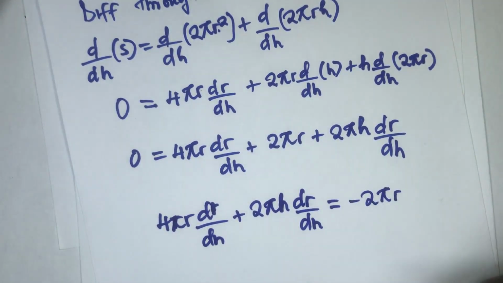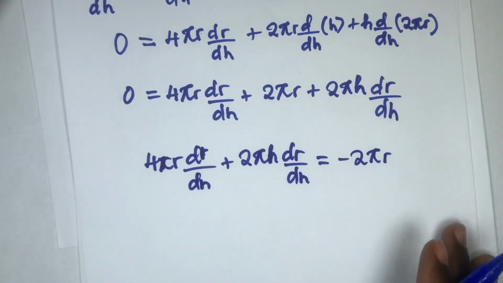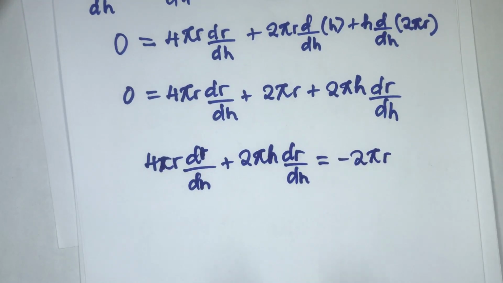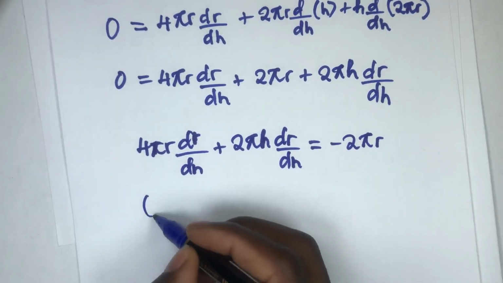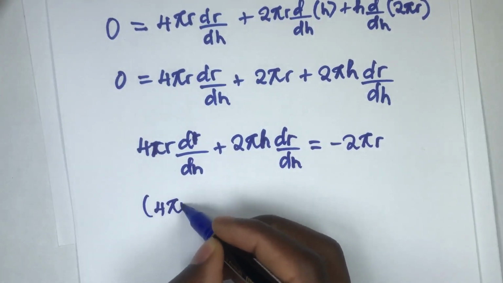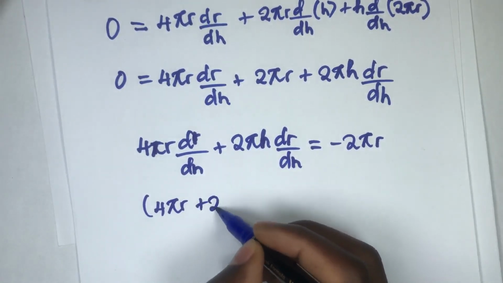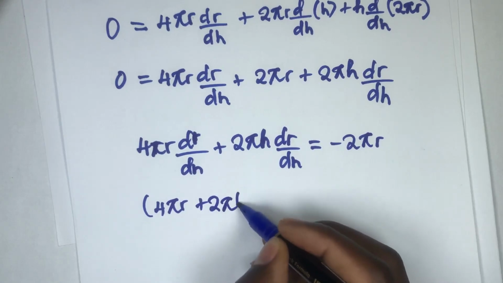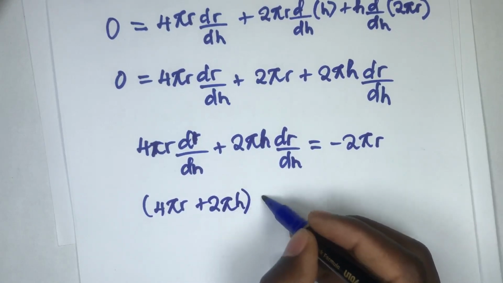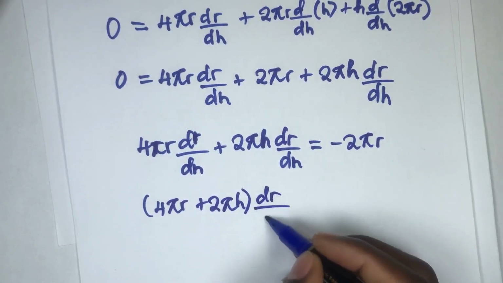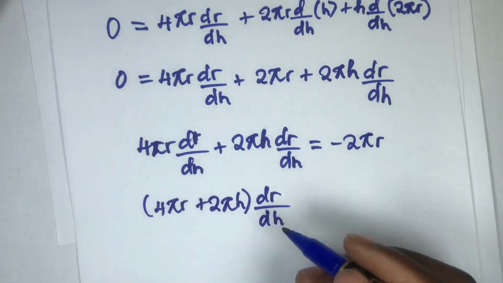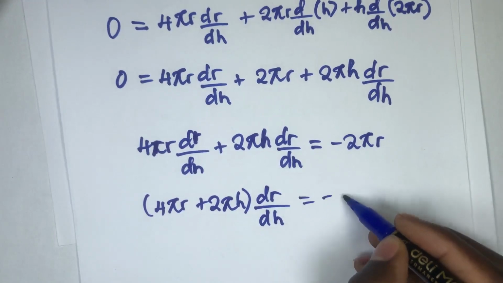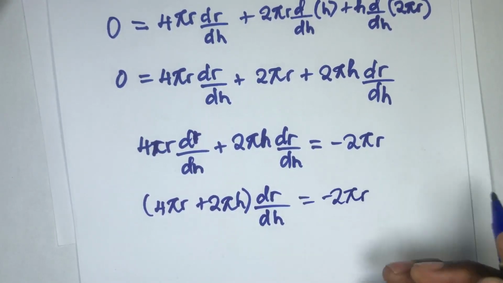Now on this side we factor out the dr/dh. Factoring out dr/dh, we have open brackets 4 pi r plus 2 pi h. We keep the dr/dh because it's the only common thing amongst these terms, equal to negative 2 pi r.